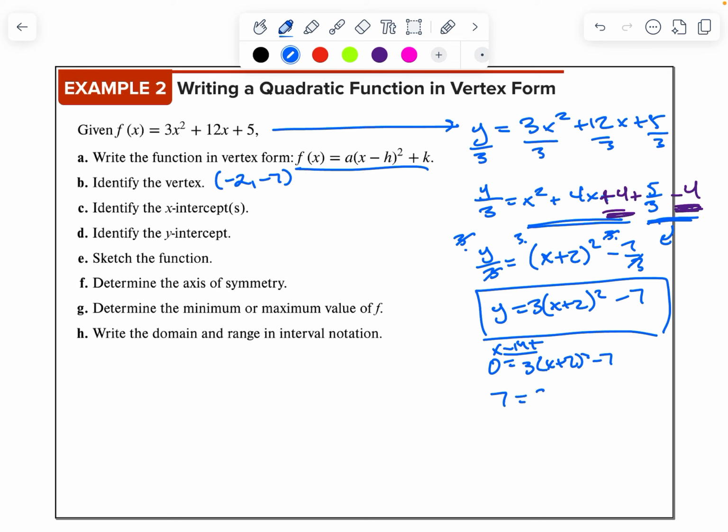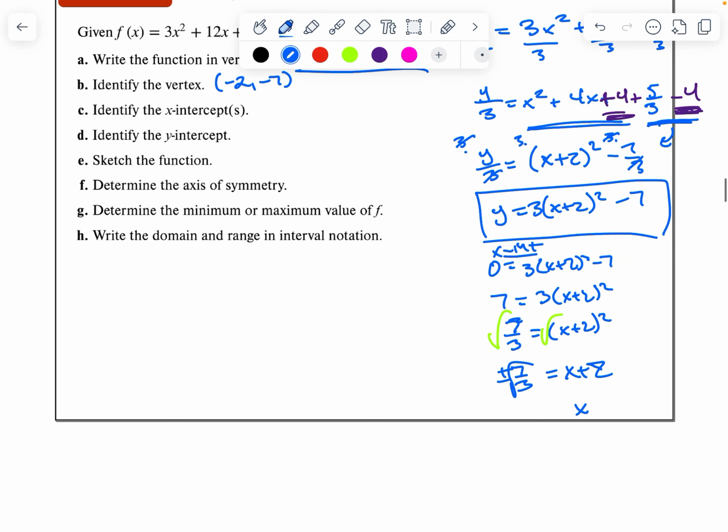Yeah, that's not very nice. We can square root both sides. We have plus or minus square root of 7 over 3 equals x plus 2. So then x equals negative 2 plus or minus square root of 7 over 3. Those are our two x-intercepts. Not very nice numbers.